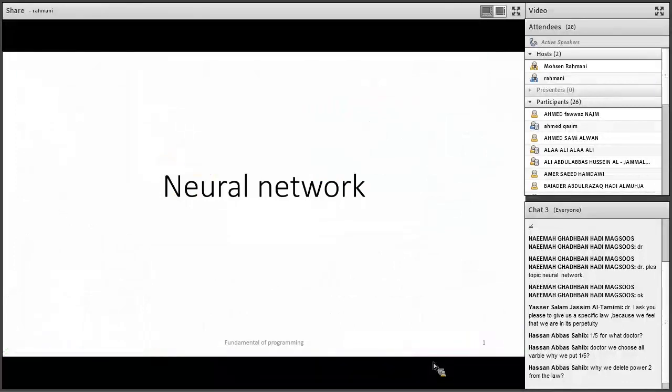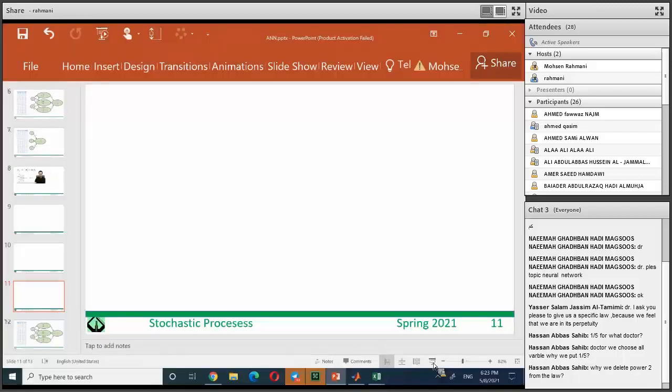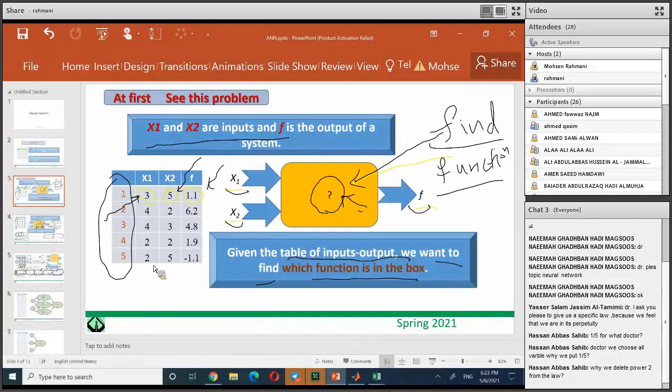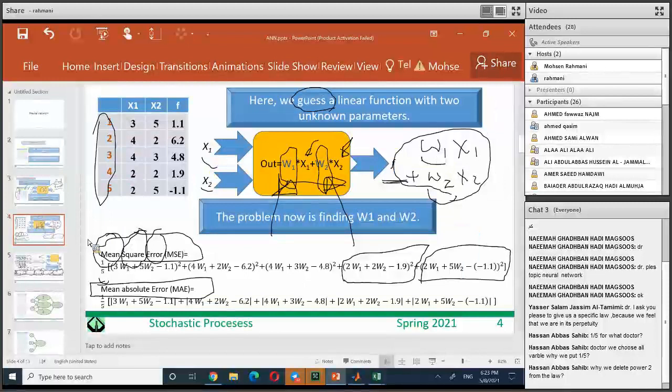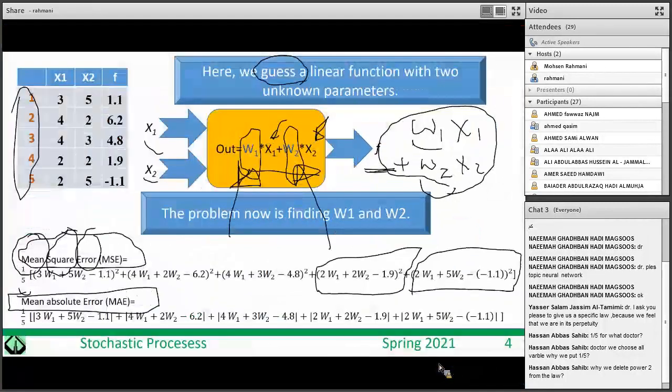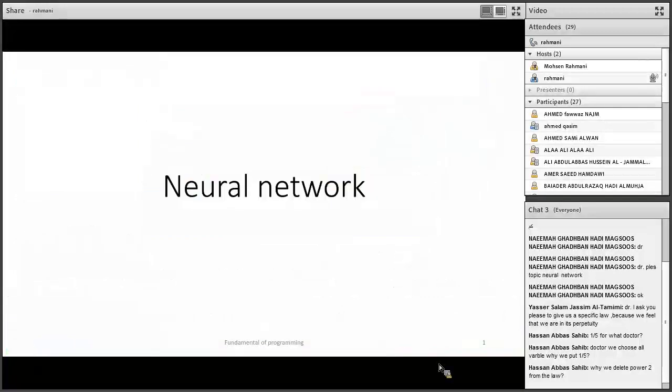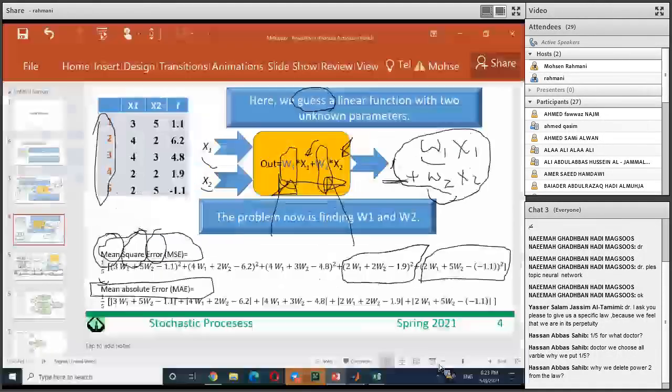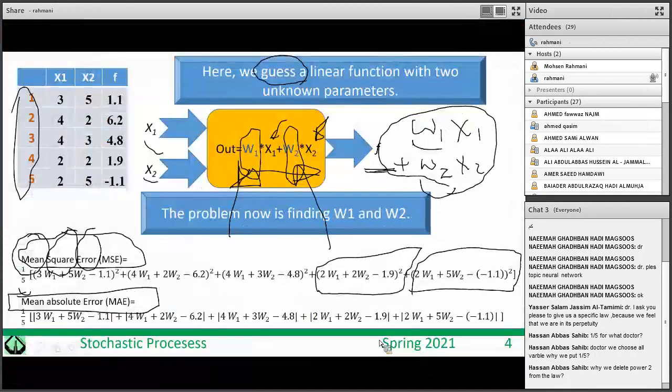When I say output, it means, for example, 2 in W1 plus 5 in W2.